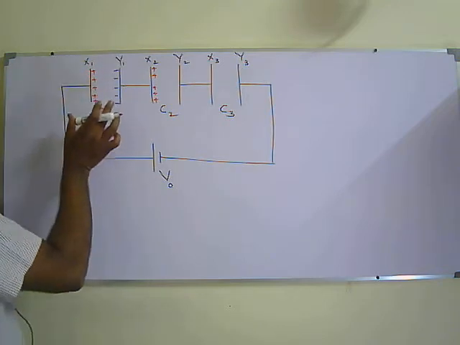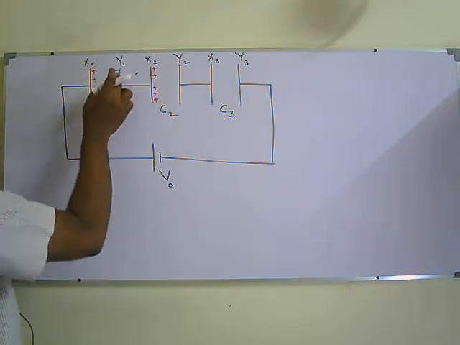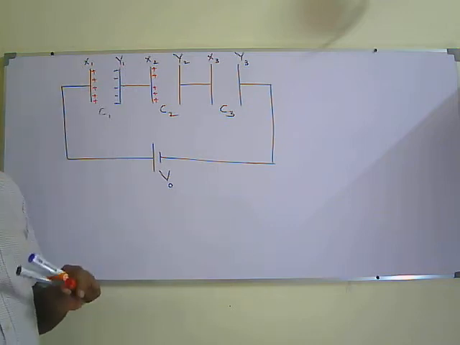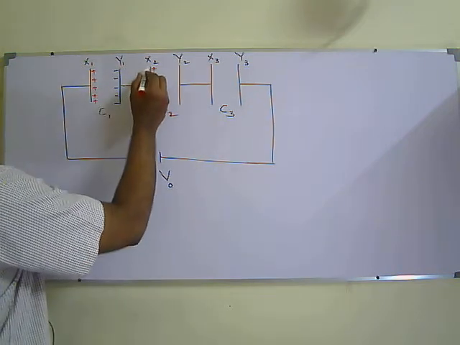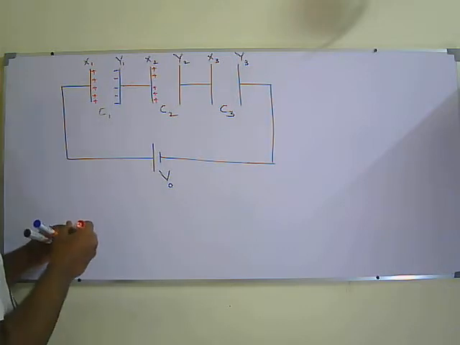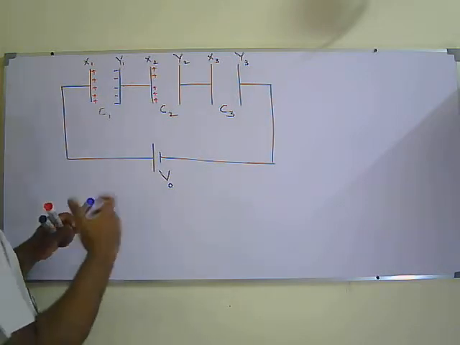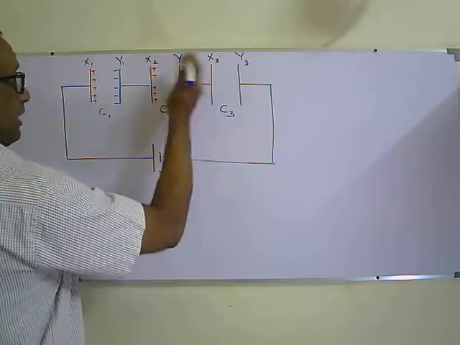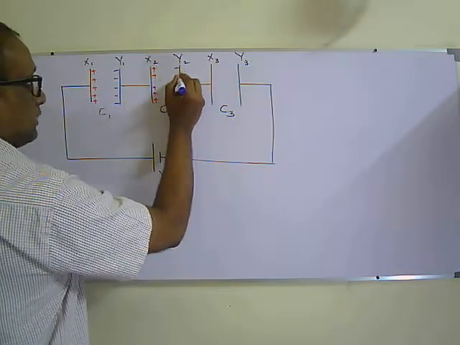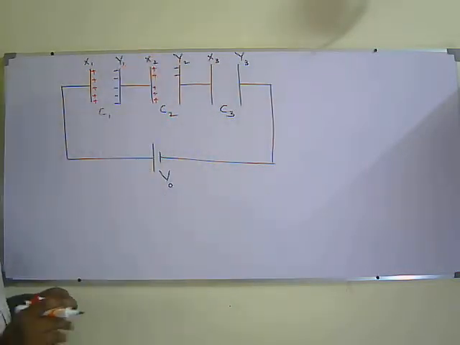So in overall, the plate Y1 consists of 5 negative charges. Now these 5 positive charges will induce 5 negative charges, that is 5 electrons, towards the inner surface of the plate Y2.